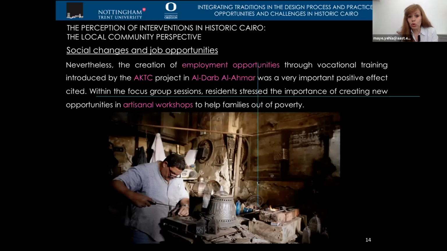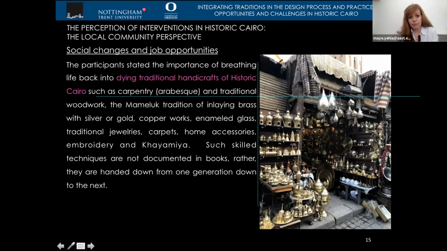In the focus group sessions, people stressed the importance of creating new opportunities in artisanal workshops to help families out of poverty. So the participants stated the importance of breathing life back to dying traditional handicraft of historic Cairo, such as carpentry, traditional woodwork, Mamluk traditions of inlaying brass and silver, copper works, and so on.